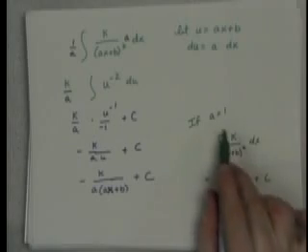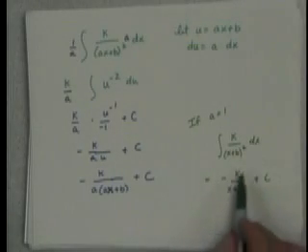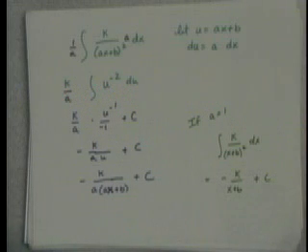So again, in the special case when the coefficient on x is just 1, I just get negative k over x plus b.